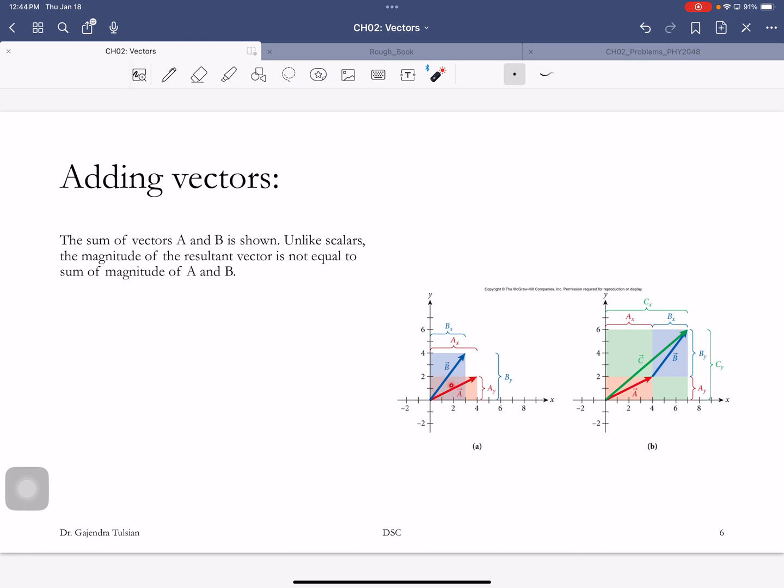Here are two vectors. To add them, all you do is move the tail of the first to the head of the second. Again, there is B, and that's how you add them. Do you know how to add three vectors?